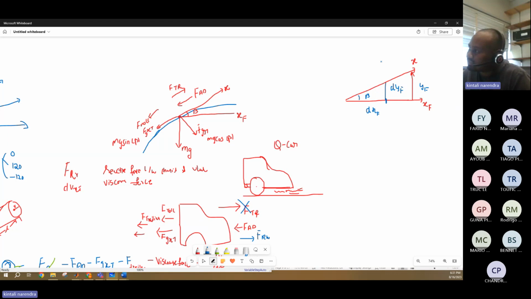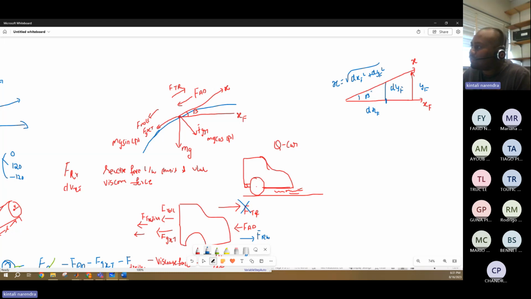Then what is this x? X is nothing but the root of dxf square plus dyf square. So you can get x if you know dxf and dyf.